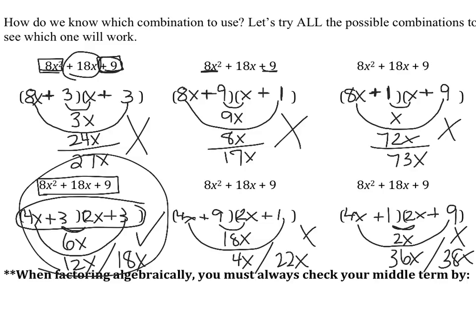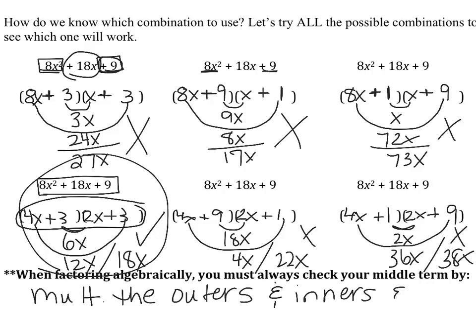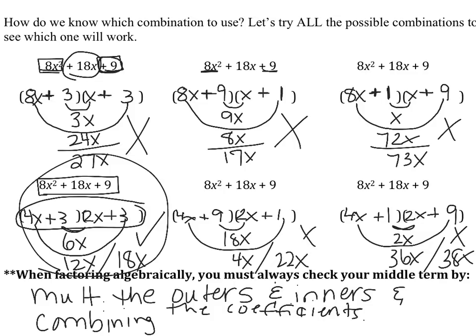When factoring algebraically, you must always check your middle terms by multiplying the outers and inners and combining the coefficients. And we're just seeing if we get that middle term. So let's try some.